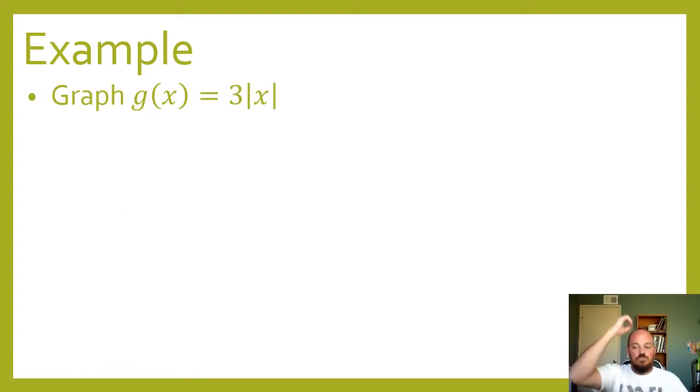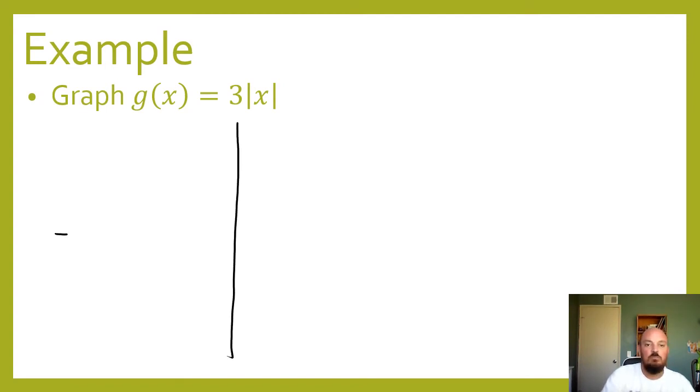Let's graph g of x equals 3 times absolute value of x. Now for this one, because I want to show you how the stretch works, I'm going to be a little bit more careful on my graph, and I'm going to actually mark some points. I'm going to count off some points.